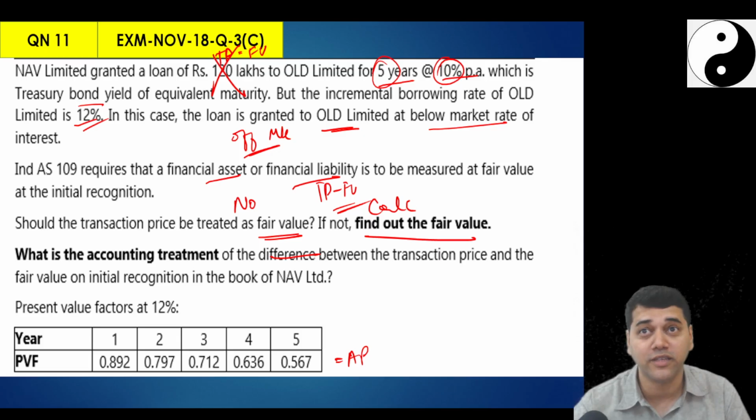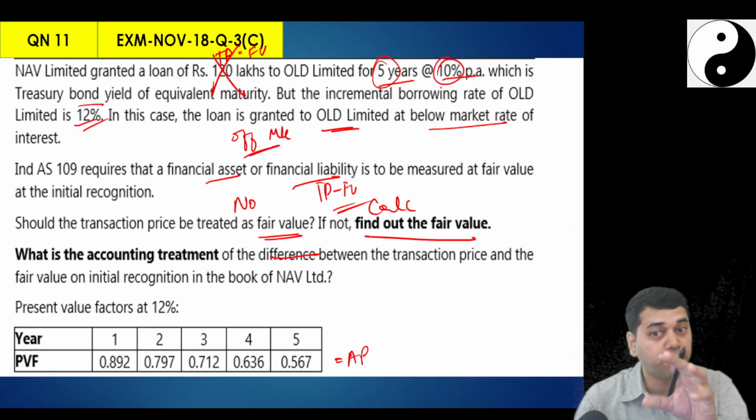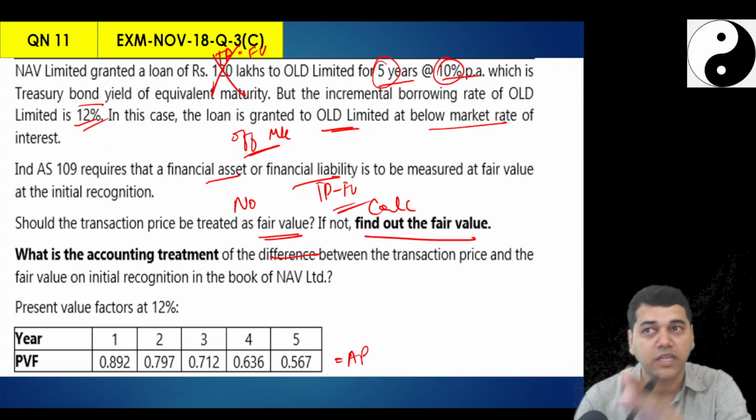How many questions are sitting in this one question? Three questions are sitting. Out of three, how many are theoretical and how many practical? Only one is practical, two are theoretical. You need to figure this out, and then you tell me, will you touch this in the examination?